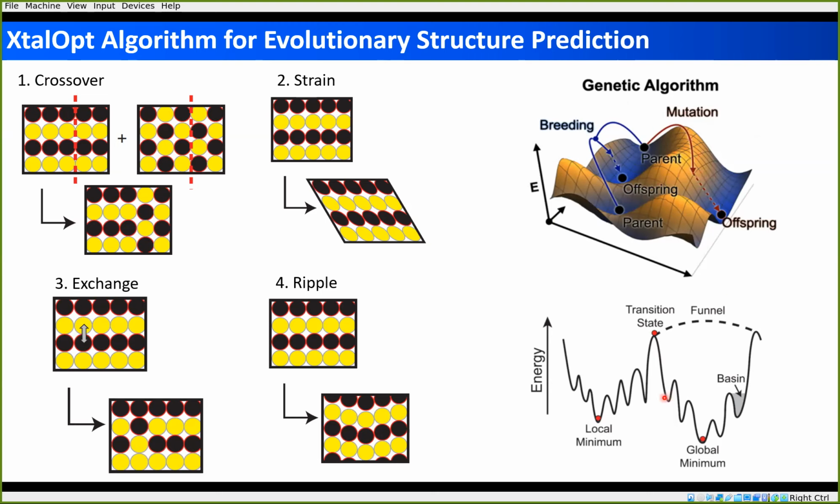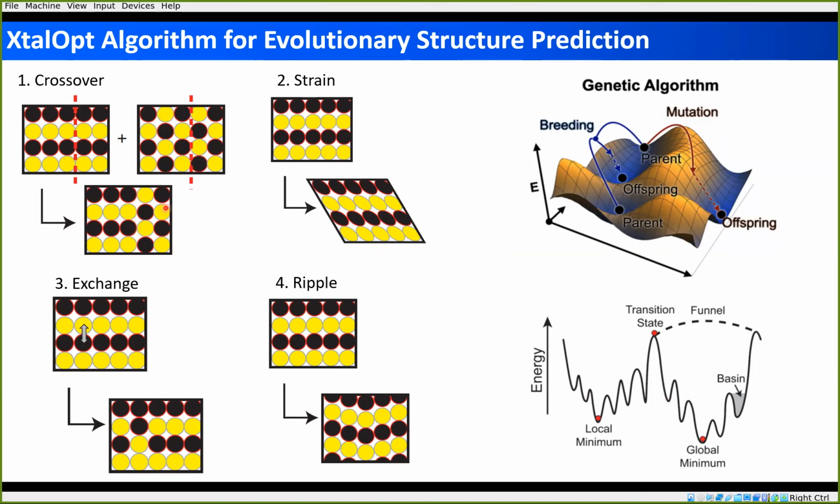And then our program will go in and see which ones have the lowest enthalpy and assign a probability to them according to a probability that they be chosen as parents for the new generation of structures that is based upon their enthalpy, with the lowest enthalpy structures having the highest probability. And then new structures can be made either by taking 2 unit cells and cutting them somewhere and splicing them together to make a single unit cell.